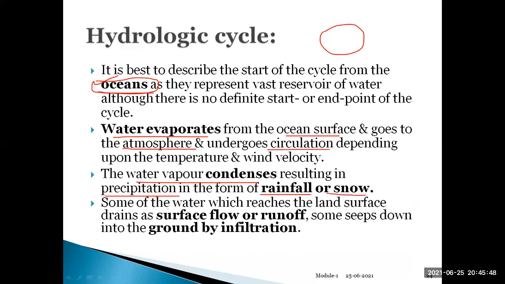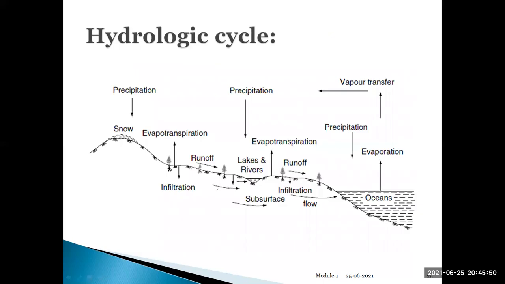Whatever rainfall falls, some will flow as surface runoff, as you see here in this picture also. The remaining quantity of water will get infiltrated into the soil surface or the ground surface, where it will flow as a subsurface flow.